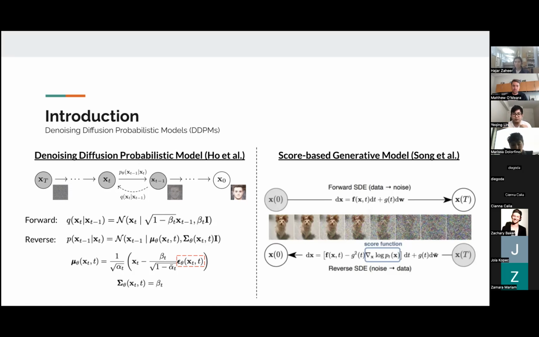The idea of the diffusion model is that if you take a look at the left-hand side, you start with an image. You go through the forward process, which is your q here, by continually destroying the information by adding Gaussian noise. The reverse process starts from a very noisy image, and you slowly denoise it back into the image itself. Assume that the amount of noise that you add at each step is small enough.